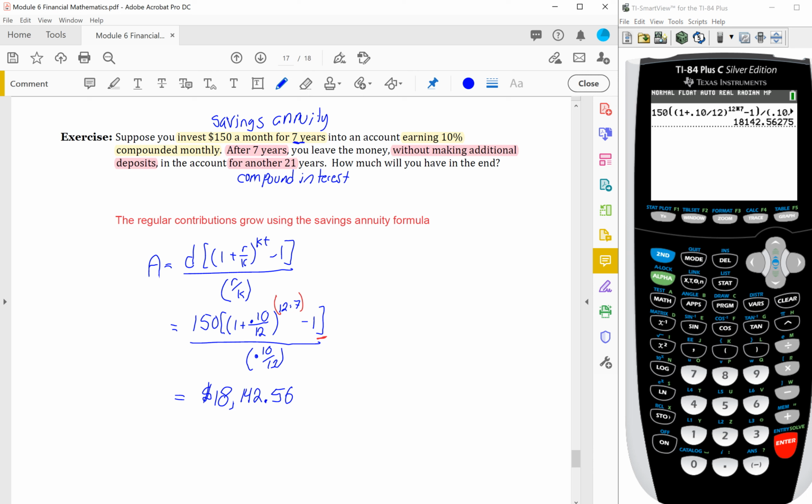Okay. Now, she made these contributions for 7 years, but after 7 years, you leave the money without making any additional deposits. Without making any additional deposits, this is going to grow according to a compound interest formula.